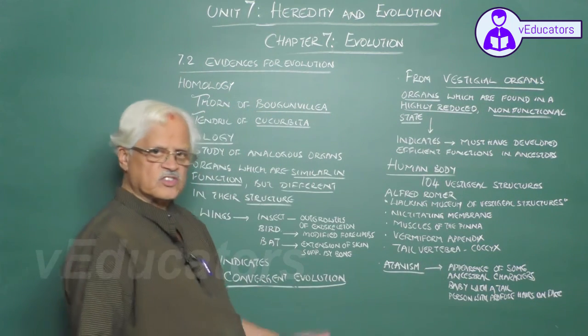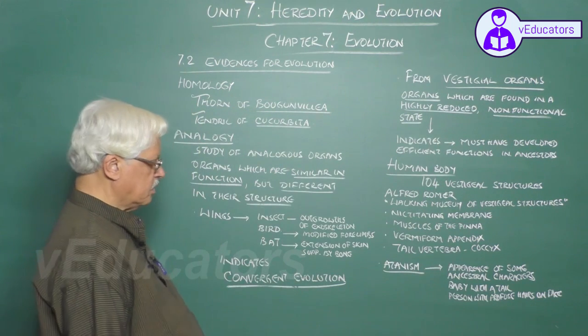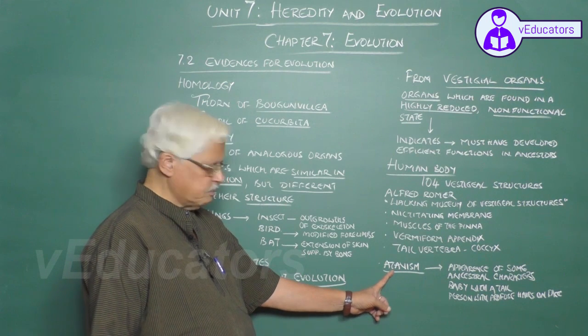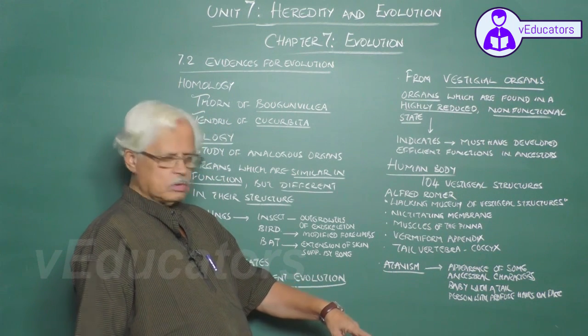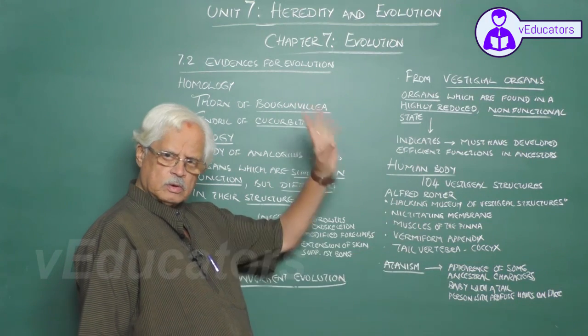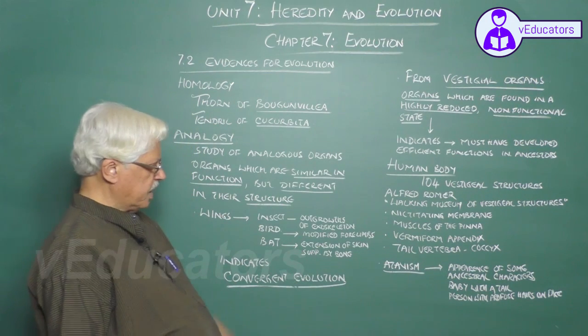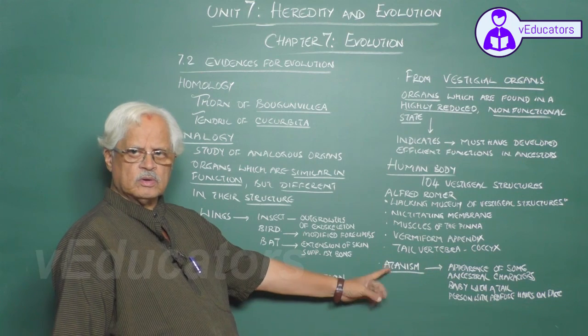Ancestral characters suddenly reappearing, this phenomenon is called atavism. Also an evidence, character is present in the ancestors but not now, therefore taken as an evidence for evolution.